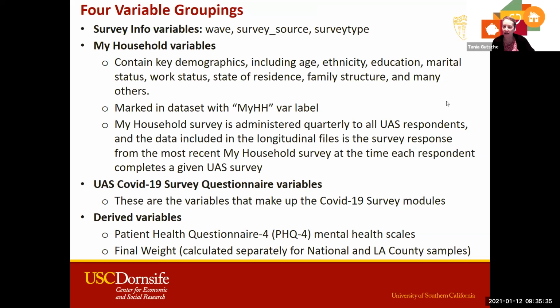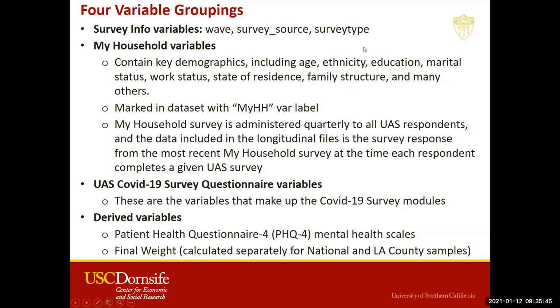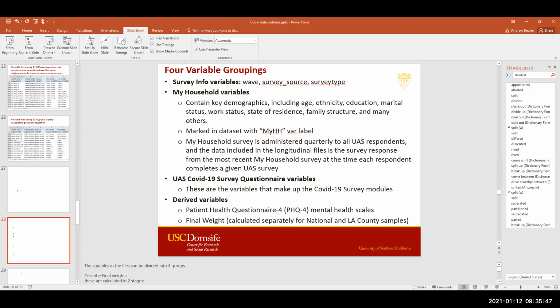Maria had another question about where we find the files to merge by UAS ID at the state level. That is in, give me a second, I'm going to give you the name.